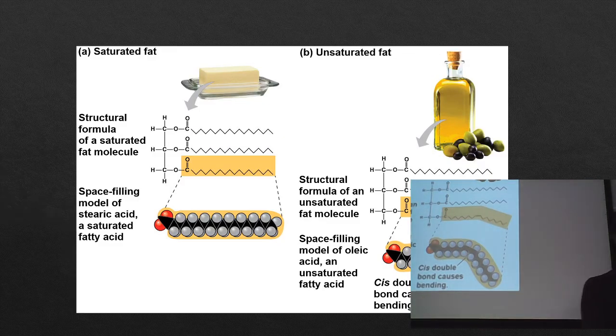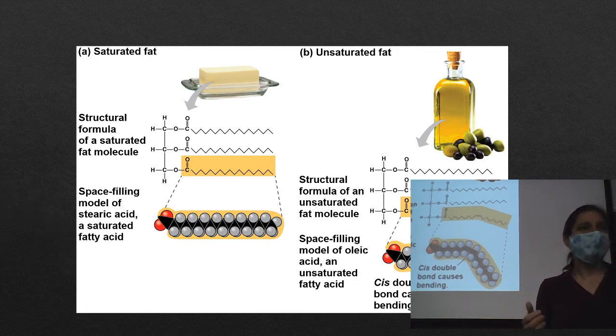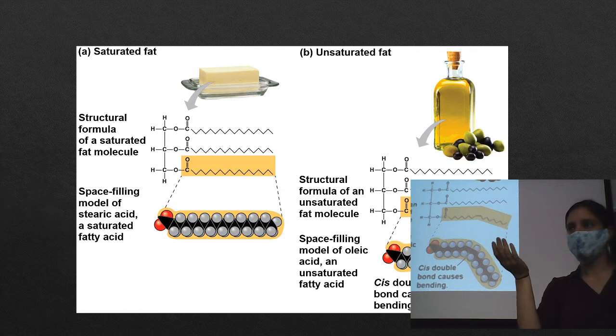So, something like butter, it's a fat. Every single carbon has as many hydrogens as it can, all right? The shape of this fat is pretty much flat, right? If you had a whole box of these, could you stack them easily on a shelf? They'd stack pretty well. Anybody here ever worked at a grocery store?